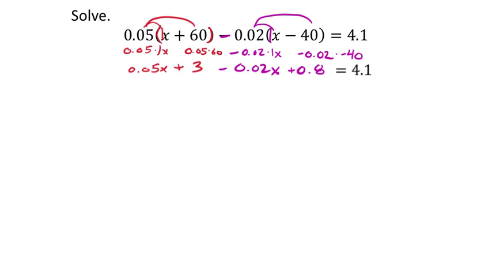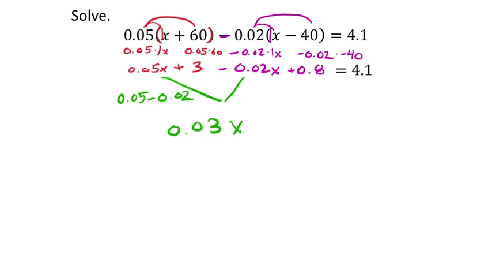That's distribution, but after distribution we look for combining like terms. I'm starting with my x terms just because it's the first one on the left. You had 0.05x, and then minus 0.02x, which is positive 0.03x. Put that in the calculator and you get 3/100ths of an x.